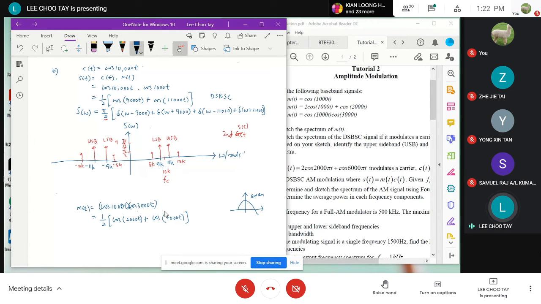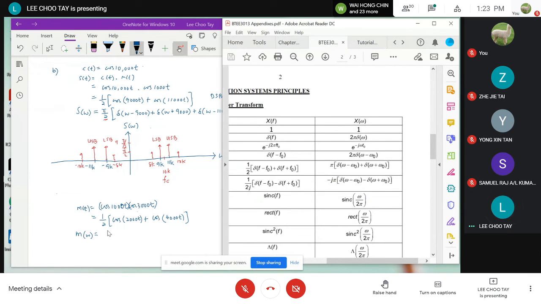So your baseband signal again consists of two cosine components, one at omega 2000 and another at omega 4000, both of magnitude half. From here you get your spectrum, your M omega. Half means that will be pi over 2.